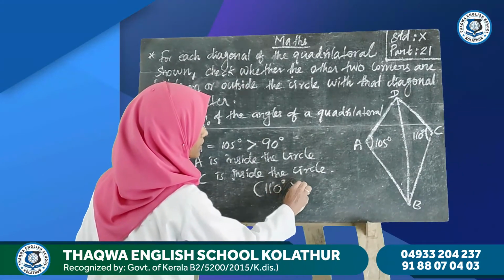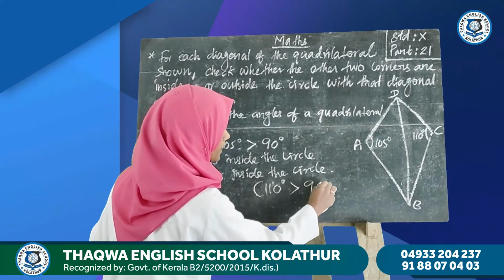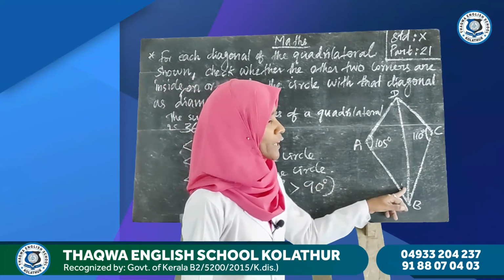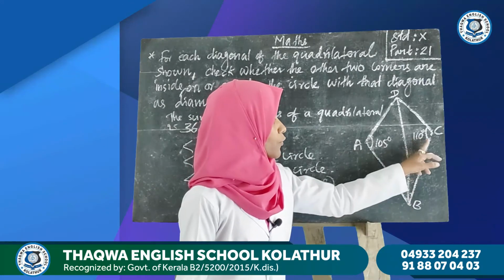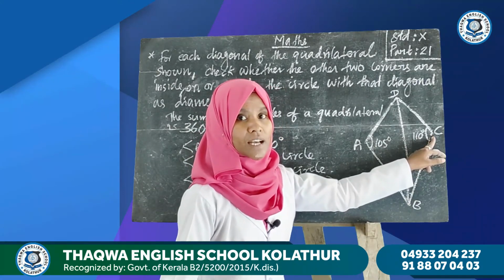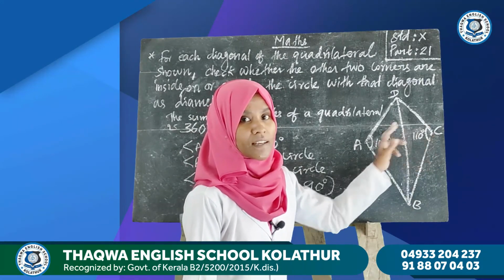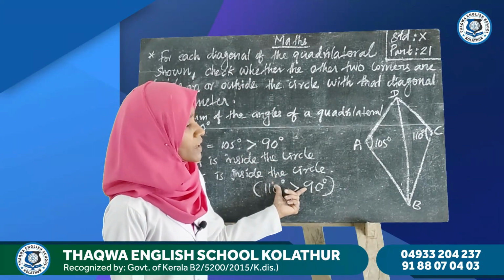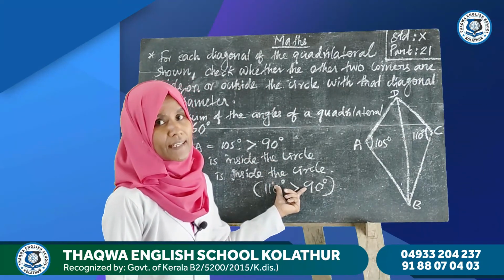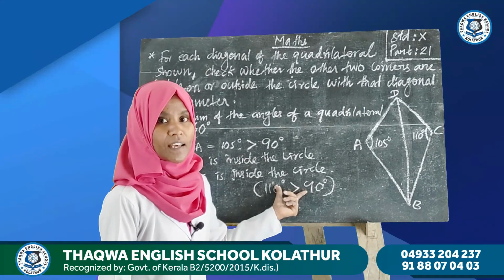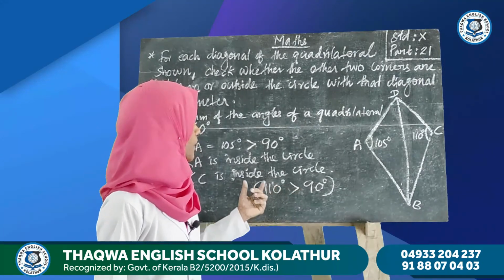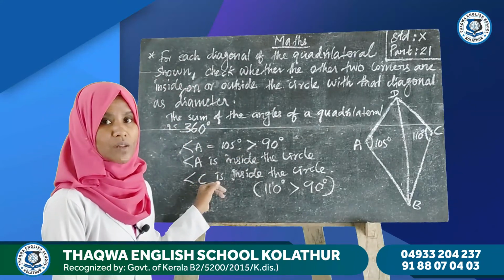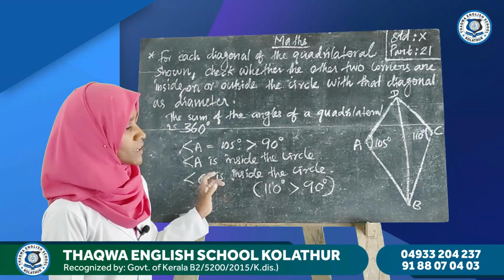If we join the ends of a diameter of a circle to a point inside the circle, then we get an angle larger than 90 degrees, or larger than a right angle. Okay. So angle A is inside the circle and angle C is also inside the circle.